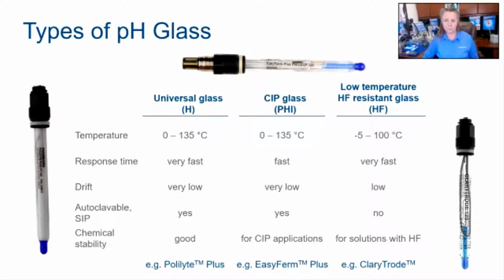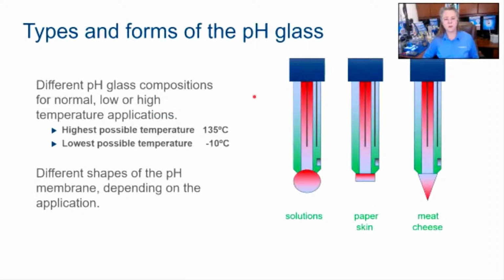Okay. There's also different forms of pH glass. Now, this is much more specific to laboratory probes than process probes. Okay. Solutions tend to have a round bulb, which is why we use them in bioprocess. There are flat caps. Those are really great to get surface measurements.